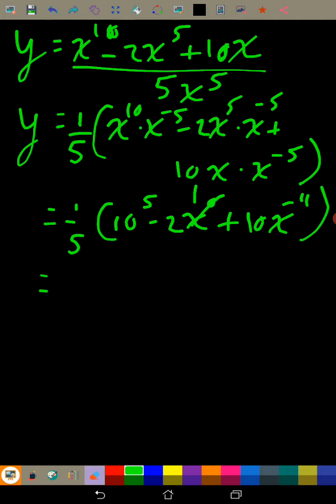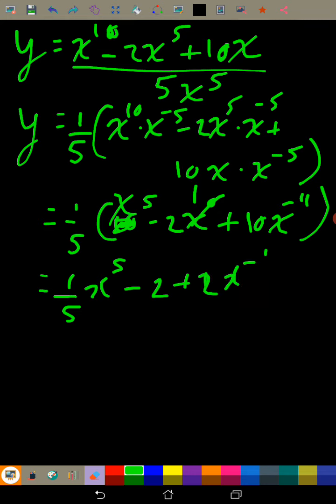And here I missed something. This is not 10, this is x to the power of minus 5. So I have 1/5 x to the power of 5 minus 2 plus 10 divided by 5, that's 2, x to the power of minus 4.